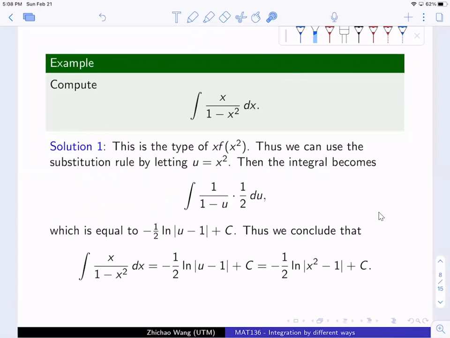So finally, we conclude that the integral of x over 1 minus x squared is equal to minus 1 over 2 times ln of the absolute value of x squared minus 1 plus c. Here, we just use that u is equal to x squared. So this is the process by using the normal substitution rule.